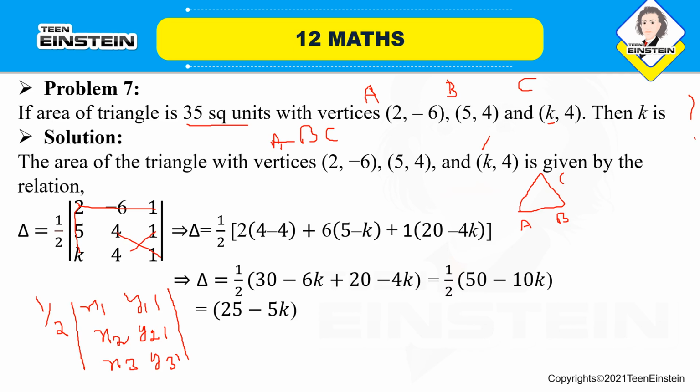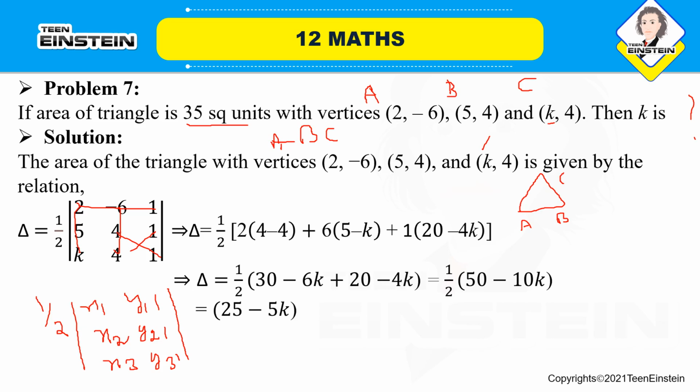So plus 6 into, if you delete the row and the column having the element minus 6, then you will be getting a 2 by 2 matrix 5 1 k 1. So in the downward arrow this is 5 minus, in the upward arrow minus k. In 1 3 position we have the element 1, for this position we have positive sign, so plus 1 into, in the downward arrow this is 25 into 4, 20 minus, this is 4k.